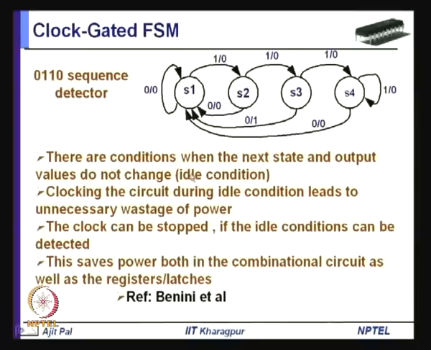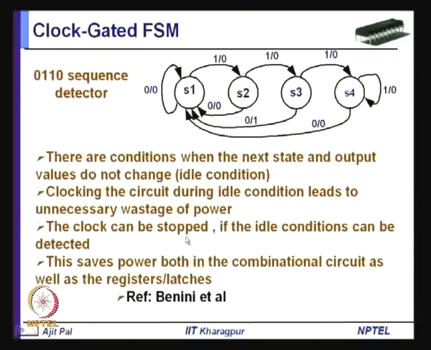So, you can consider these two as idle conditions, and clocking the circuit during idle condition leads to unnecessary wastage of power. You can see the input and outputs are the same. So, there is no need to change the input or the state, because output is remaining the same, state is remaining the same.